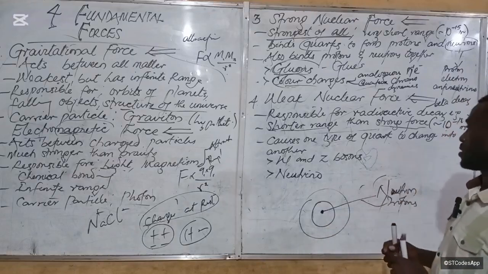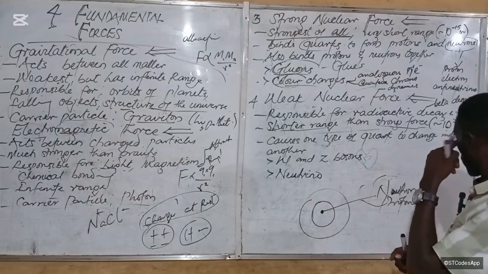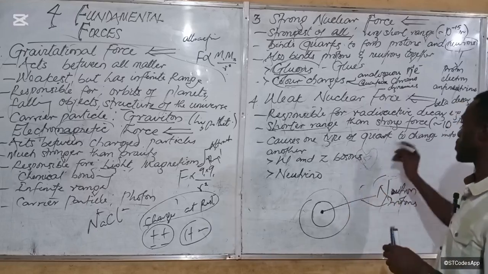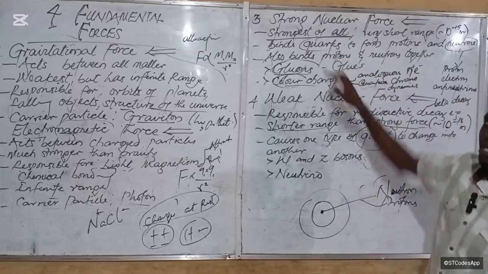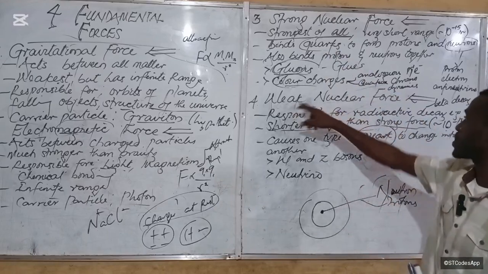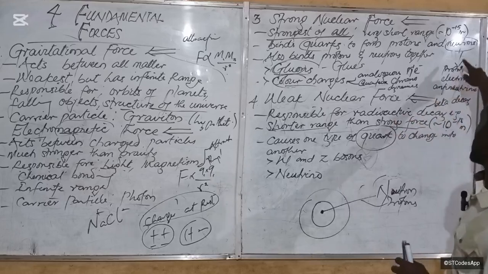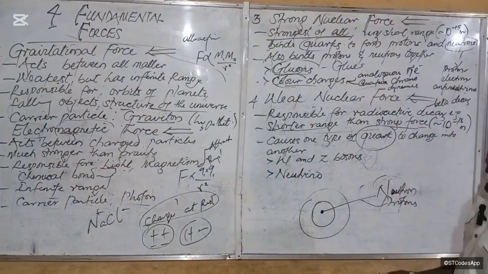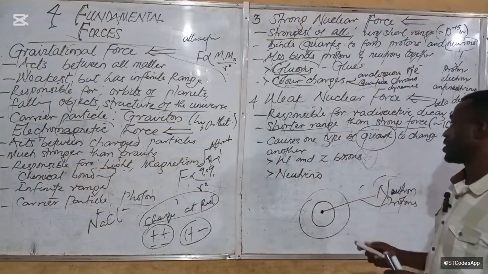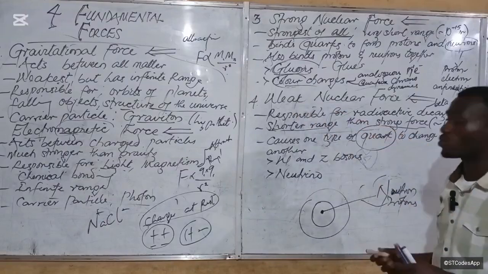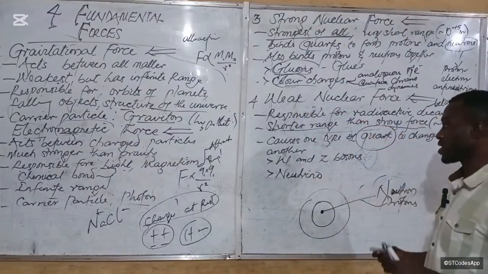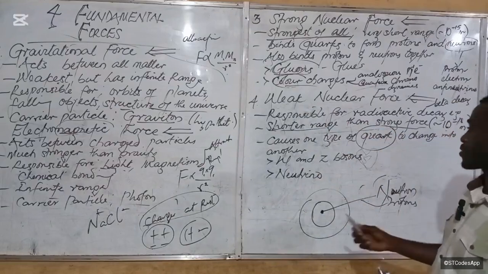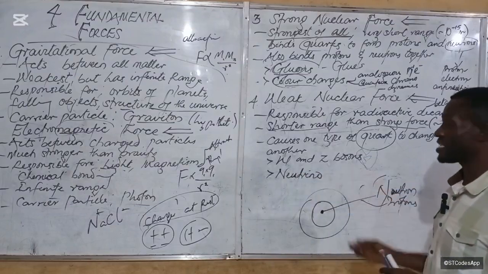Now, it causes one type of quark to change into another. The transformational changes that occur with the quark are driven by the weak nuclear force. So when the neutron breaks down to give us a proton, an electron, and an antineutrino, it is due to the weak nuclear force. And of course, the particle carriers include the W and Z bosons.